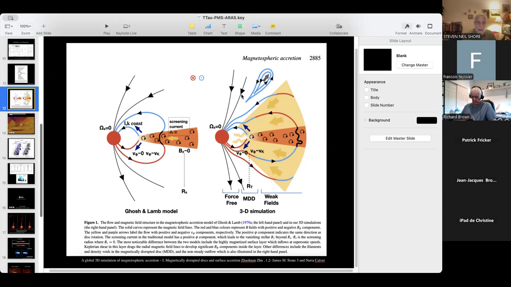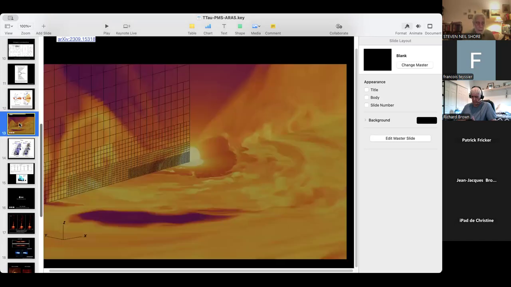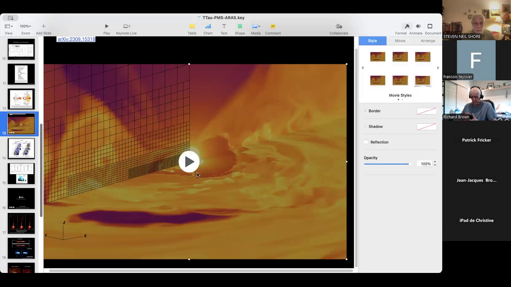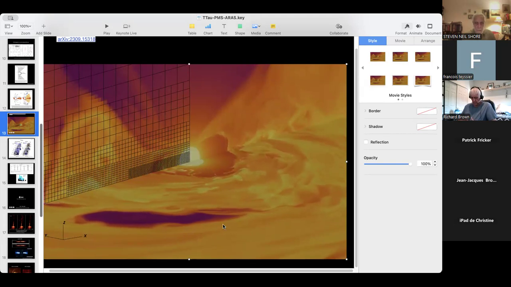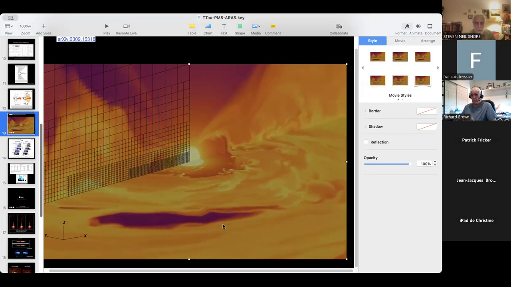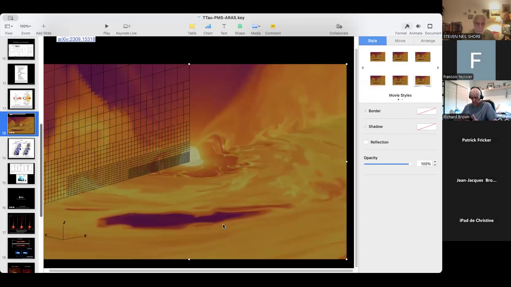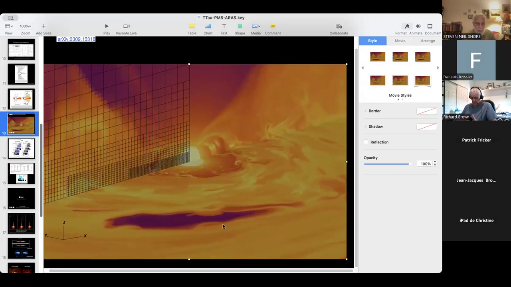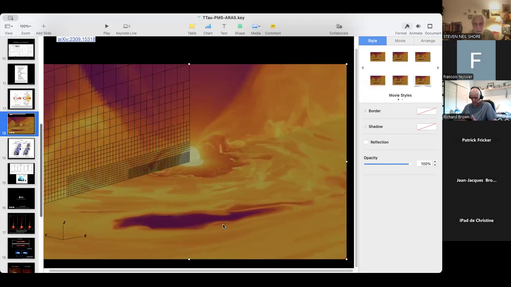And the picture then leads to something that looks like this, a calculation by Zhou and Stone using a three-dimensional hydrodynamics code. This is the sex and violence. The grid is here just for reference. And this is what one can do now as a way of simulating the accretion process on the disk. This is actually running the equivalent of a couple of days of the process.